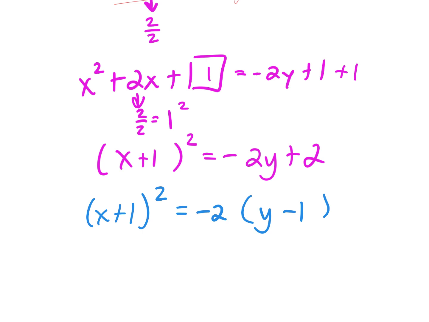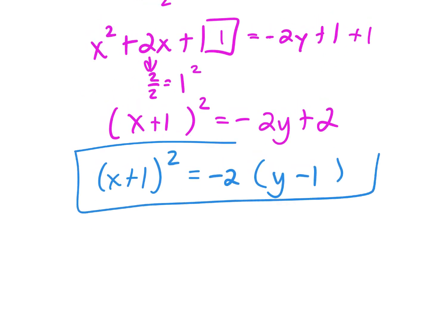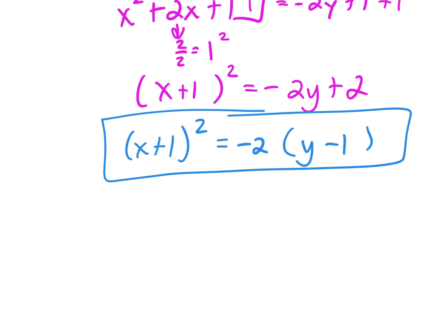If you can't, you did something wrong. So here is the standard form of our parabola. Let's identify everything. I know it says the focus, we'll talk about that in a second, but let's identify everything. What is the vertex? It's negative 1, 1. Perfect. Now the focus.